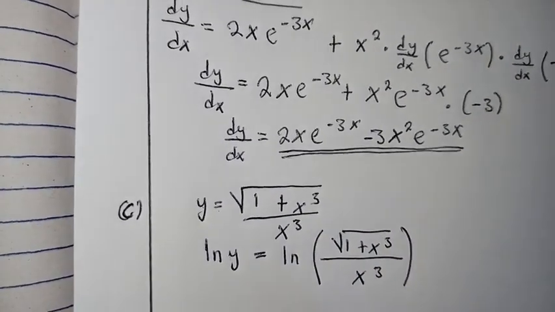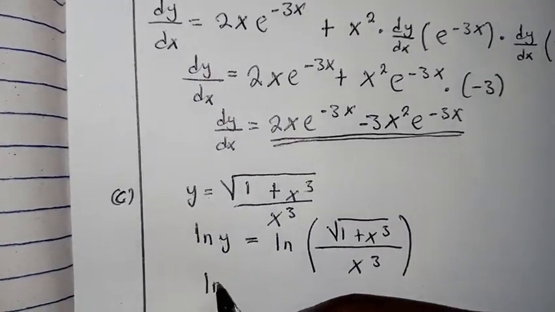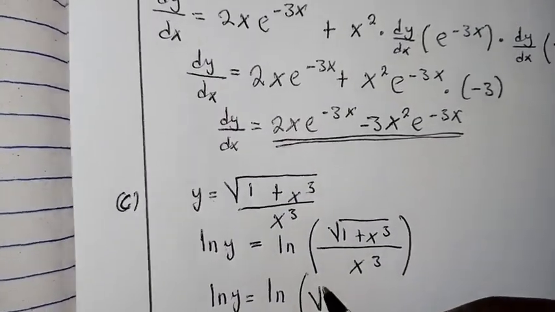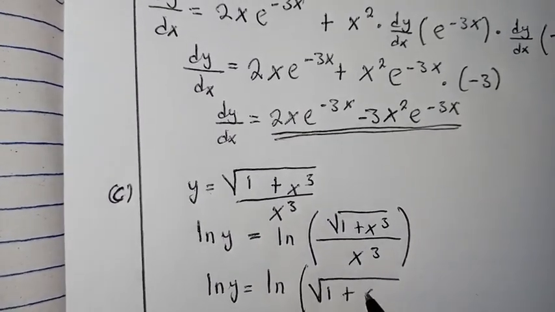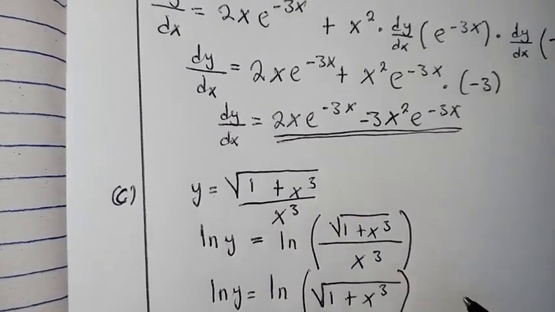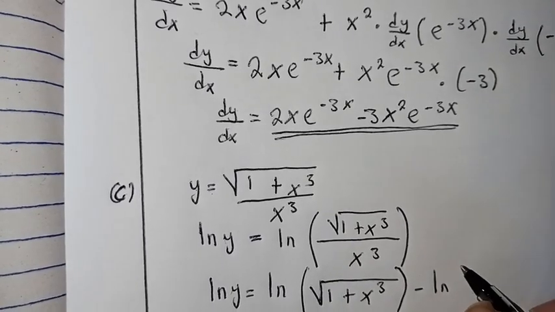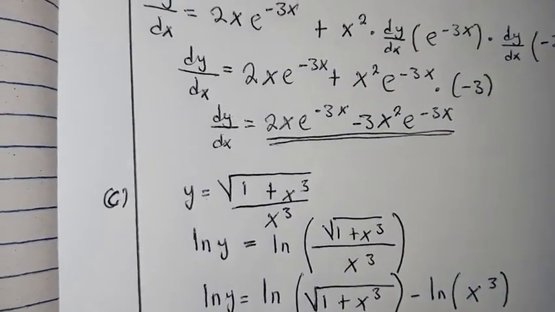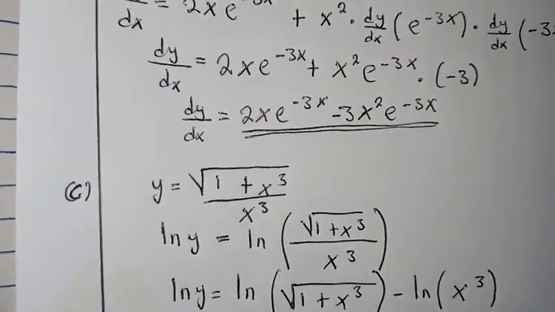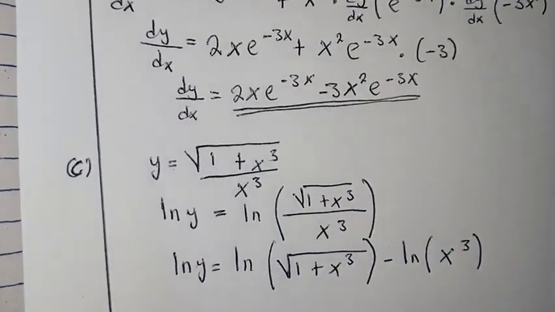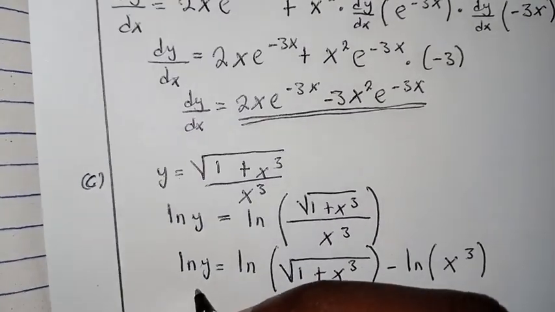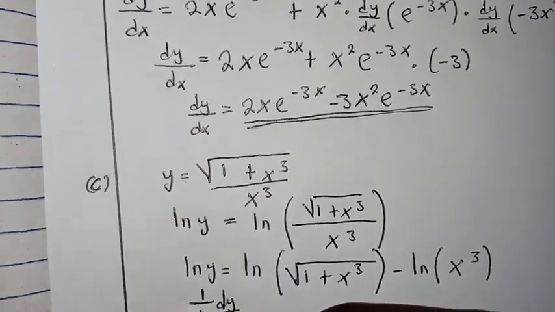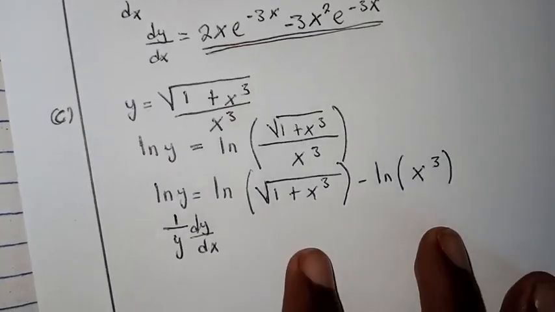Because this is the same as ln y equal to ln of the root of 1 plus x to the power 3 minus the rest. From here, I know that dy/dx of ln y is just 1 over y dy/dx.